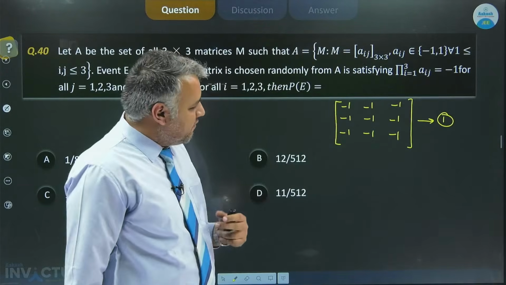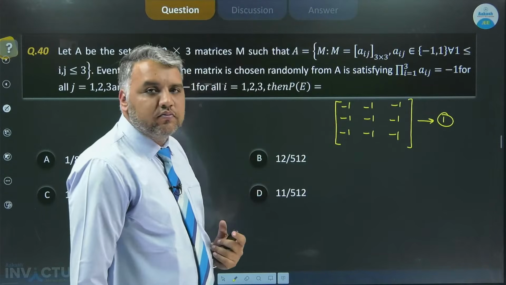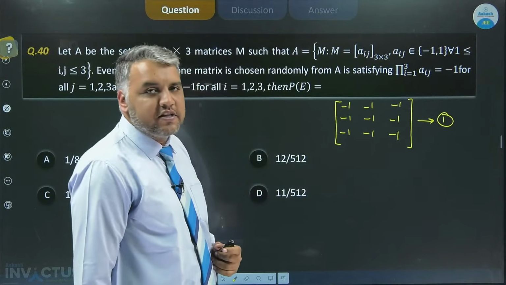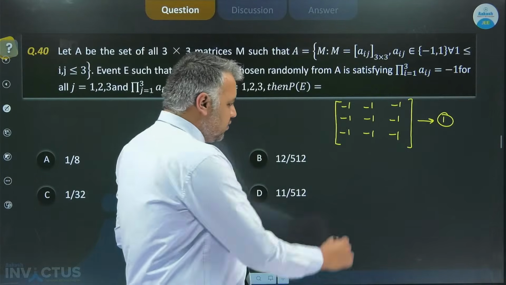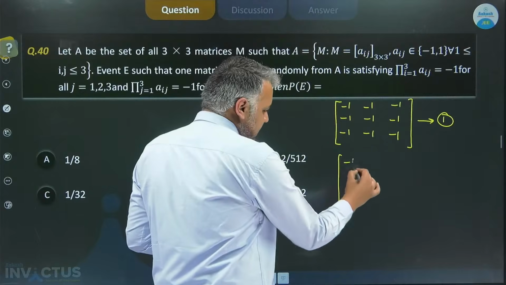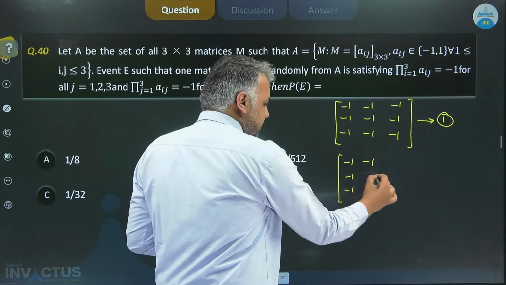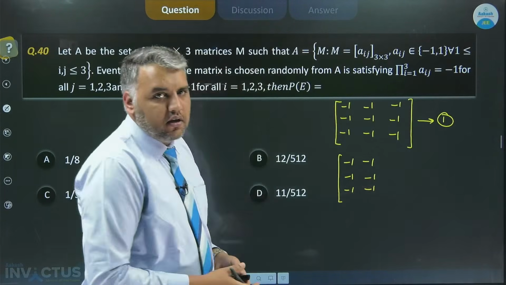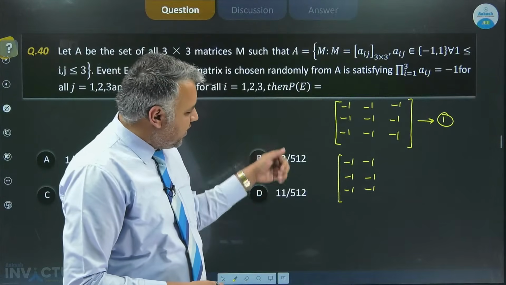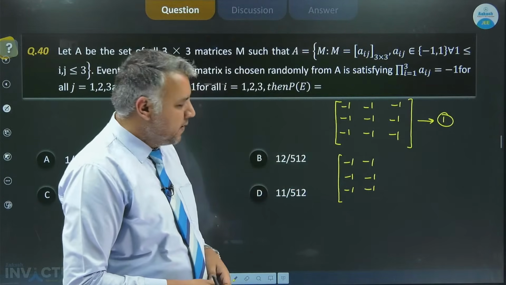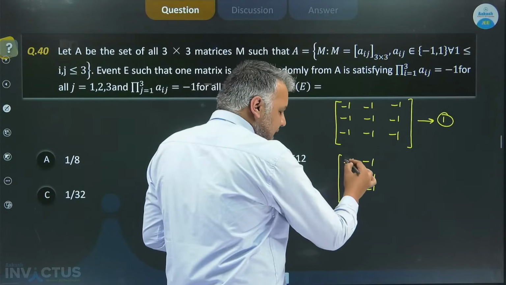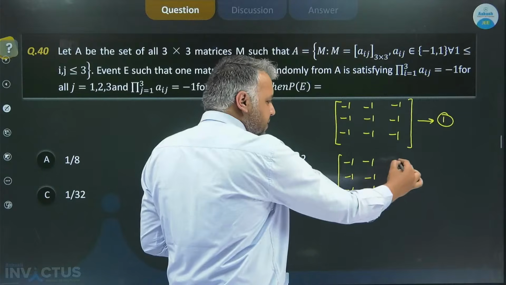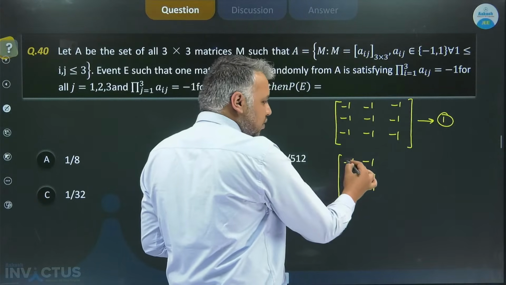If we say that exactly two columns of this matrix contain all the 3 negative signs, will it be possible to make such a matrix? Let's say first 2 columns contain all the 3 entries as -1. The product of the entries of a row must be -1, so this must contain an odd number of negative signs.